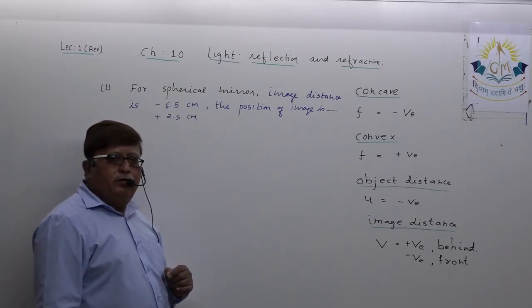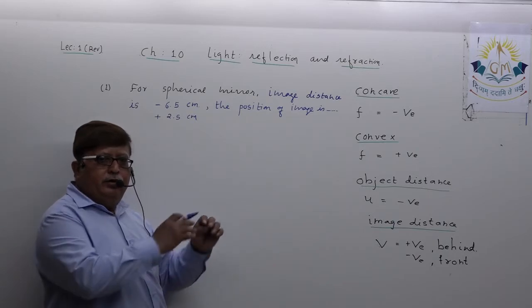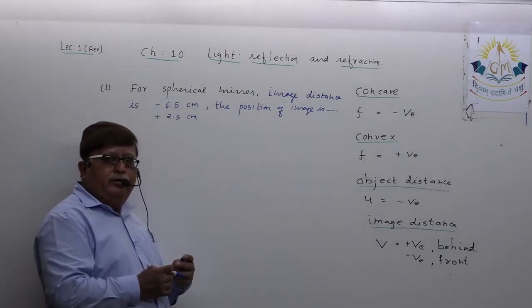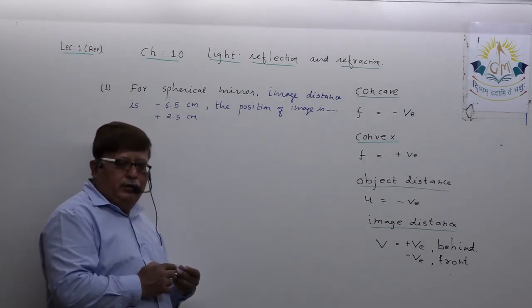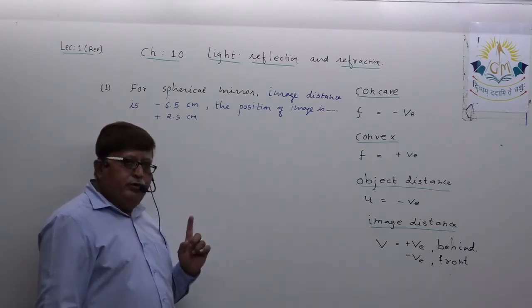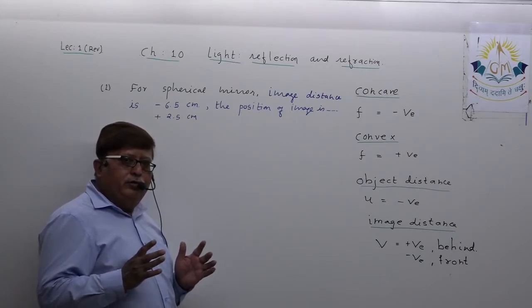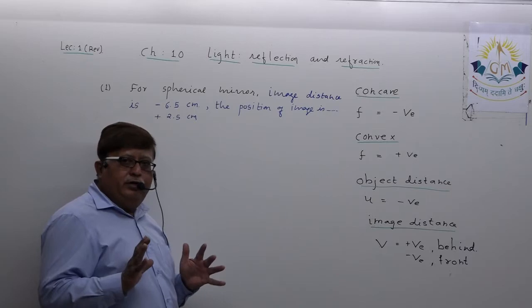Image is formed at a distance of 2.5 centimeter behind the mirror. So this way, dear student, when you solve any MCQ or numerical, your conceptual basics need to be very strong.